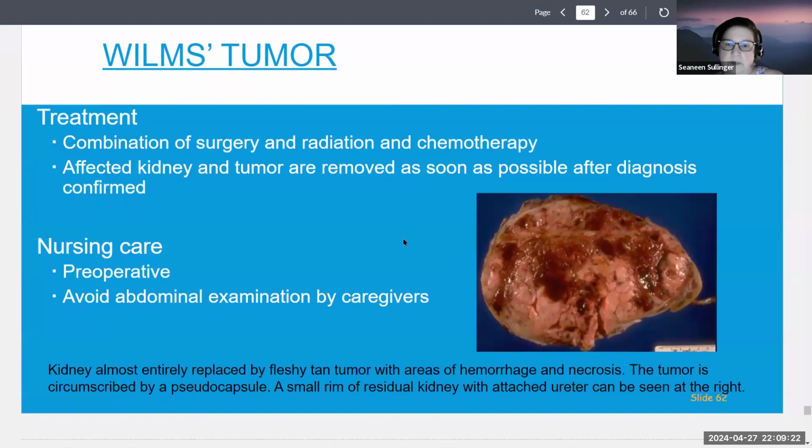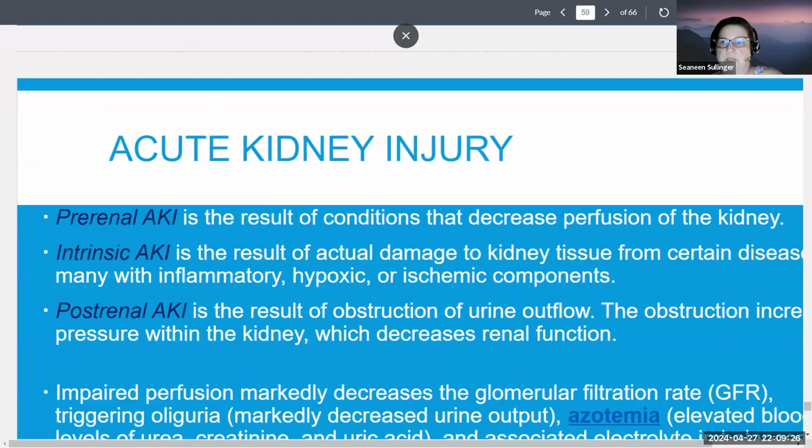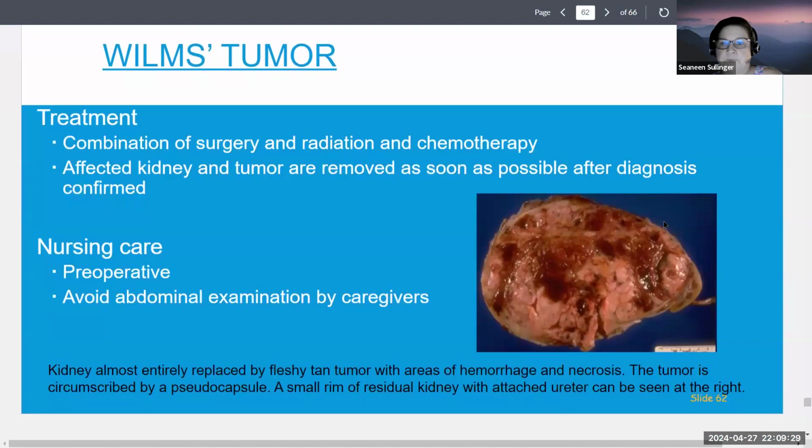I don't think I can make that bigger. Whoops, that was not what I wanted to do. So here, I don't know if you can see, here's the kidney, and this is the ureter here. And this is the tumor. That's huge. You can see there's sort of a membrane around it. This is bleeding in the area.